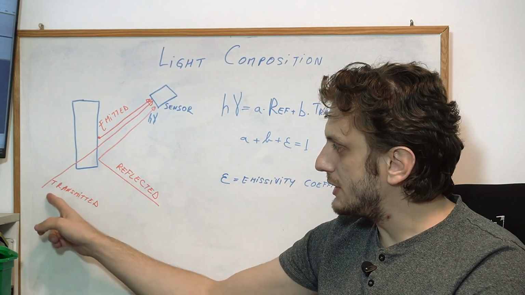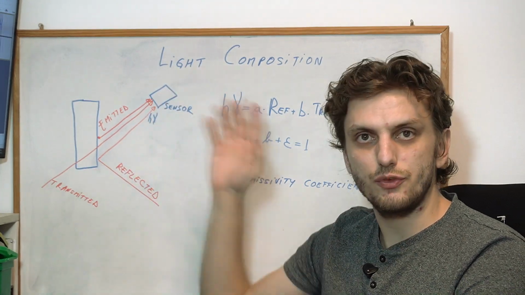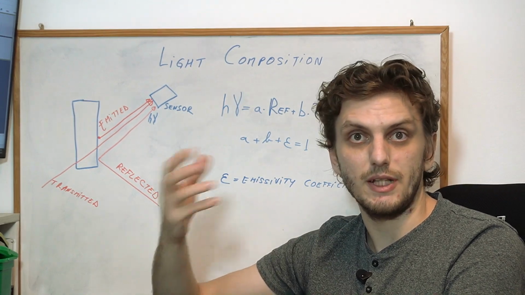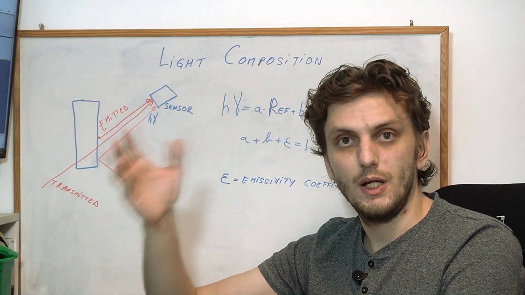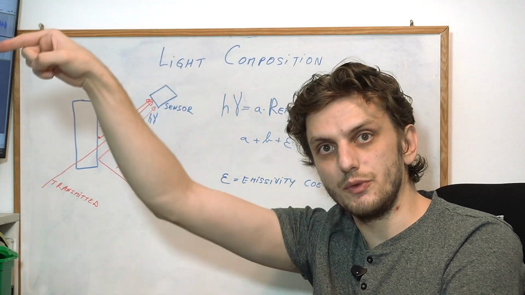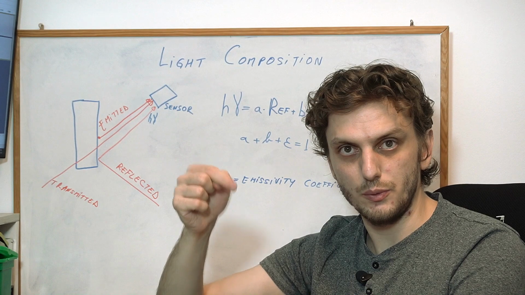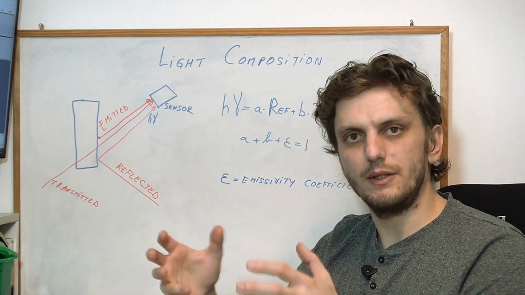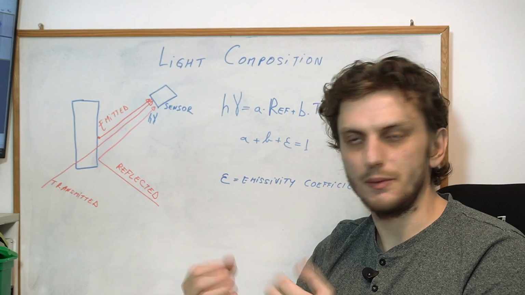Then you have transmitted light, so light that passes through the object, and for this a good example is a piece of glass or your window. All the light coming from the window is actually coming from the other side of the window and it just passed through the window. And finally you have emitted light, so light that the object itself is emitting.